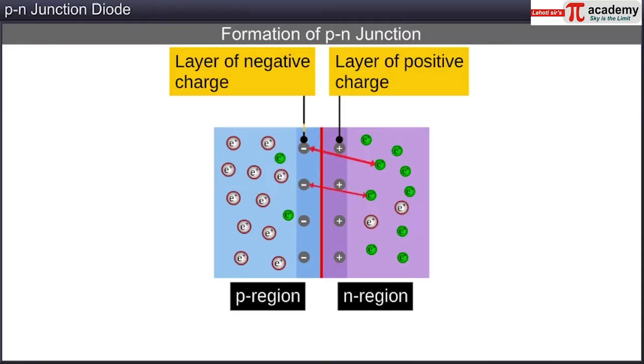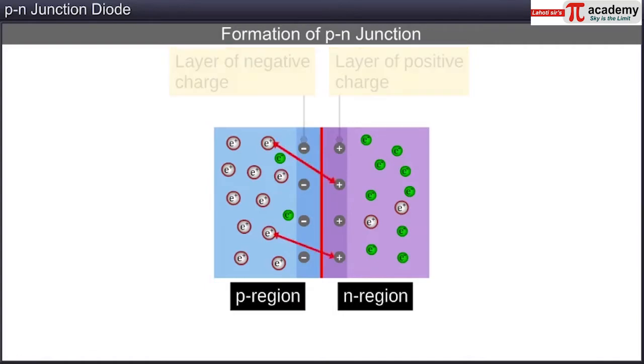The layer of stationary negative charges towards the p side of the junction opposes the diffusion of electrons from the n side. Similarly, the layer of stationary positive charges towards the n side of the junction opposes the diffusion of holes from the p side.